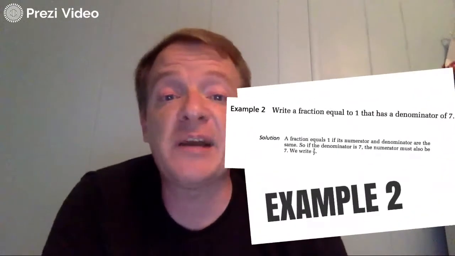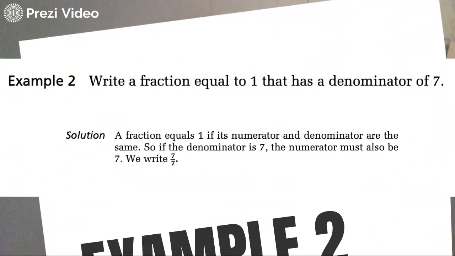Now, let's look at example 2. It says we're going to write a fraction that is equal to 1 and has a denominator of 7. So what we do know here is remember that a numerator and denominator have to be the same for it to equal 1. We're going to take our dry erase board here.